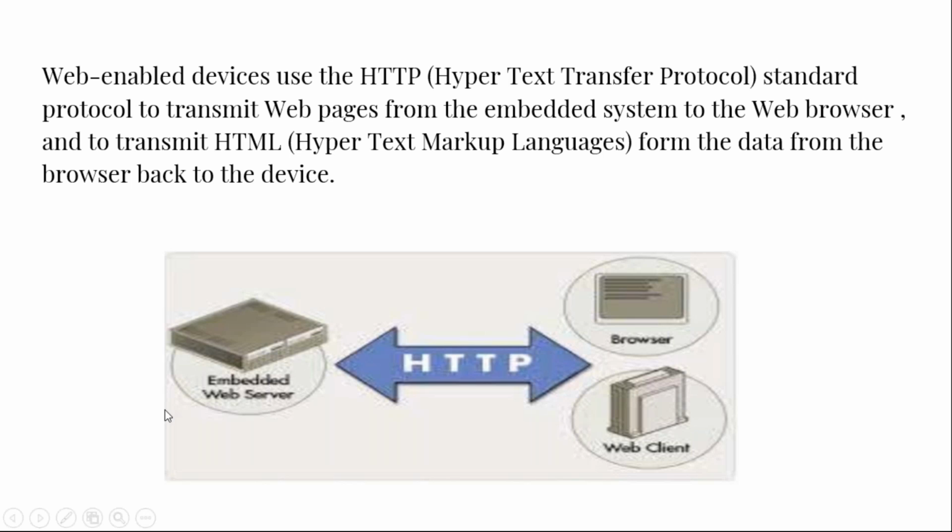You access it by its name or its IP, a predefined IP. You can check it on the web browser, and the content you write on the web browser, you can control. You can control your LED, or you can check your temperature data, or the values of the humidity sensor, that are published by the embedded web server.